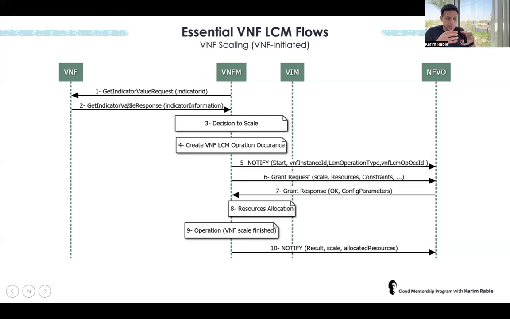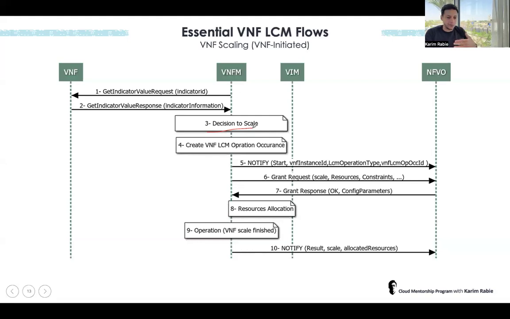Based on the policy in the VNF descriptor, which says, for instance, that if CPU utilization goes above 80% we need to scale, the VNFM reads the policy, gets the metrics from the VNF, and then decides that we need to scale. Okay, so that's point number 3.